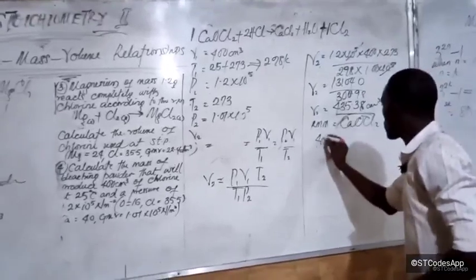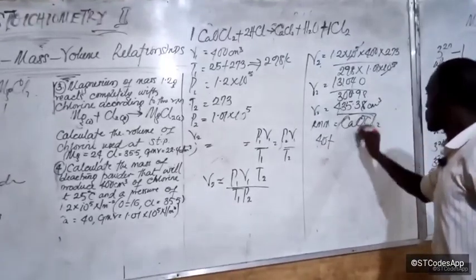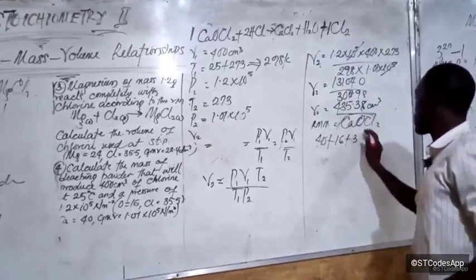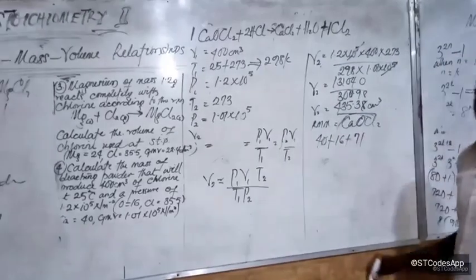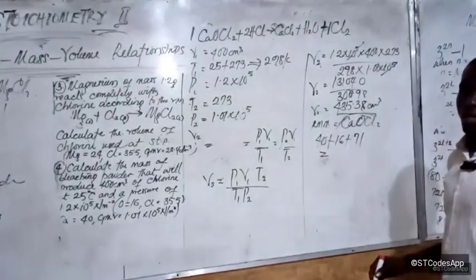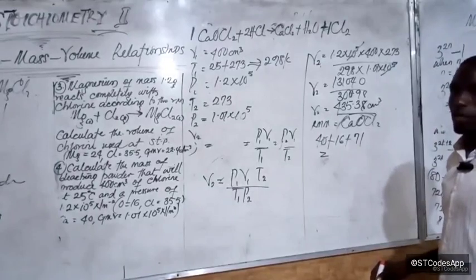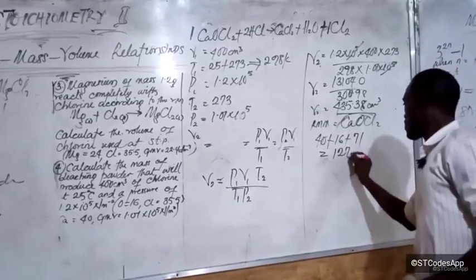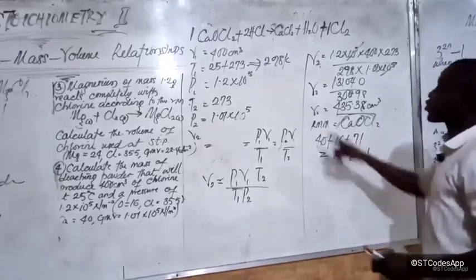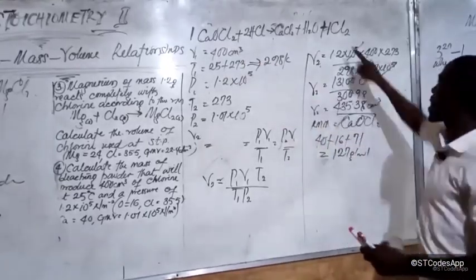So we have 40 plus O, which is 16, plus Cl2, which is 35.5 times 2 give us 71, isn't it? So add this all together: 127 grams per mole.